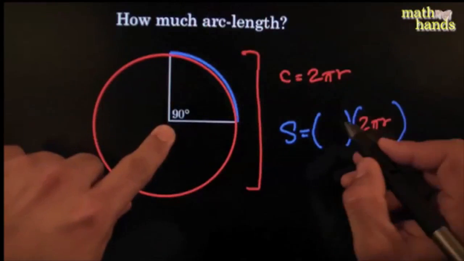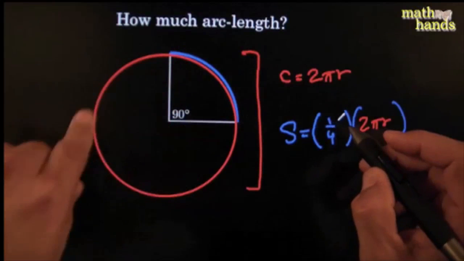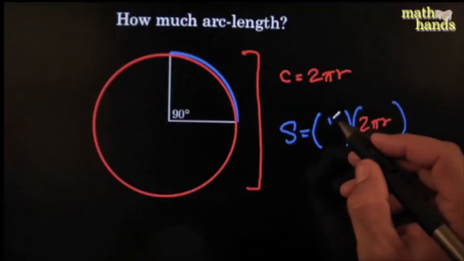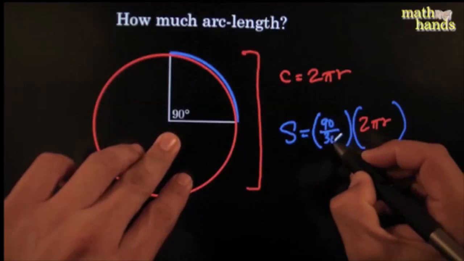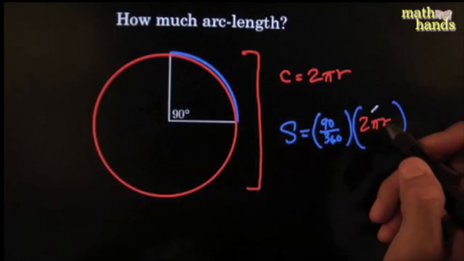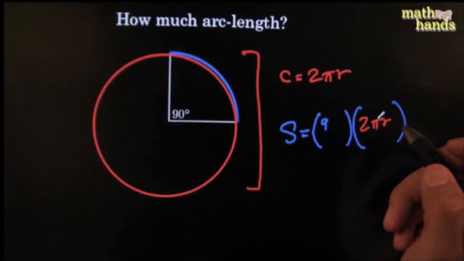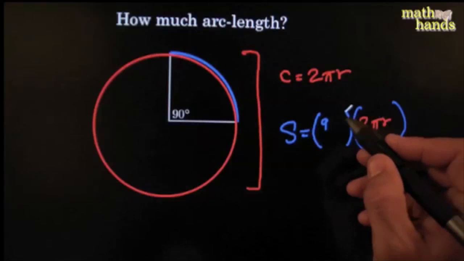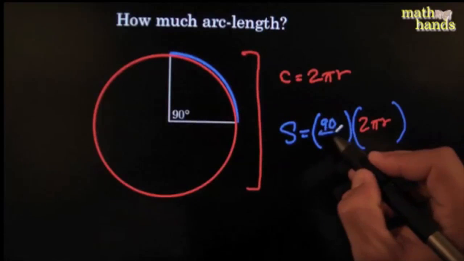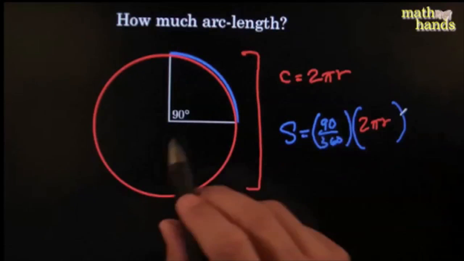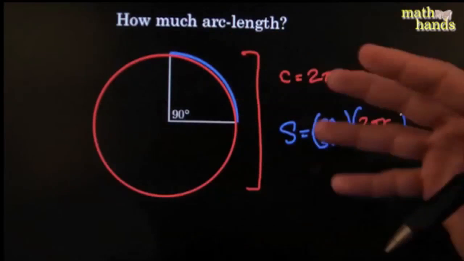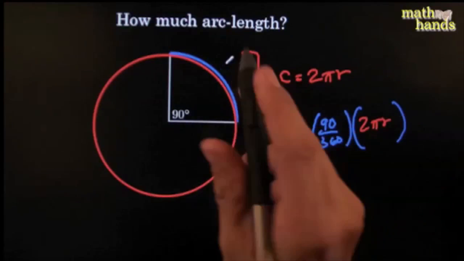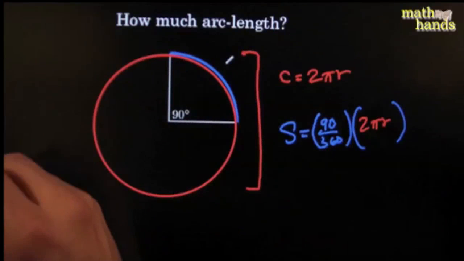You could just say, well, it's 1/4 of the whole circle, or you could say it's 90 degrees out of 360, which of course could be reduced to 1/4. Either way, you'd get the correct result here, applying exactly the same principle. You look at it as a portion of the whole circle.